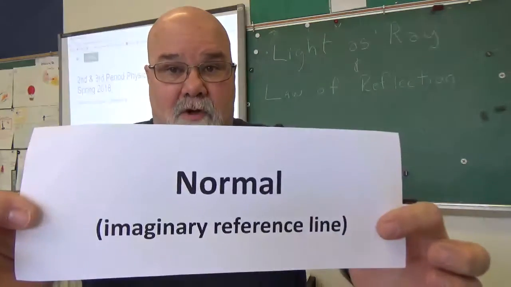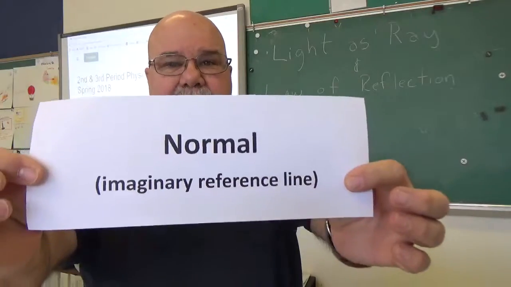Now, in physics and in science, we like to measure that. We've noticed that when it hits a reflective surface, it doesn't just bounce off anywhere. It has a very specific place. It bounces off depending on where it's hit. So if the incident light hits it one way, we can predict how it's going to be reflected. To do this, we first establish what we call a normal.